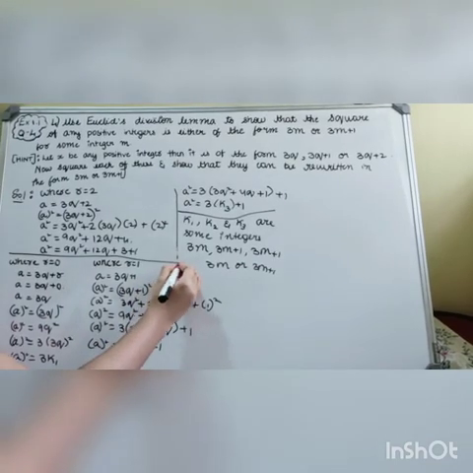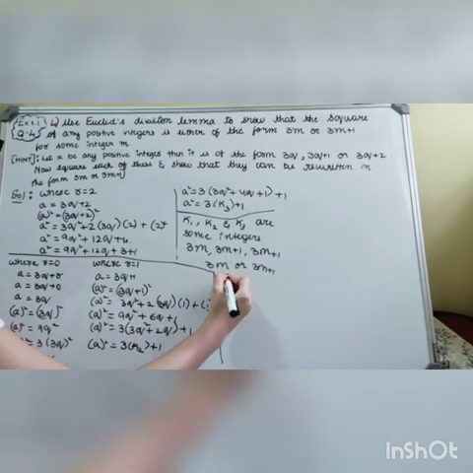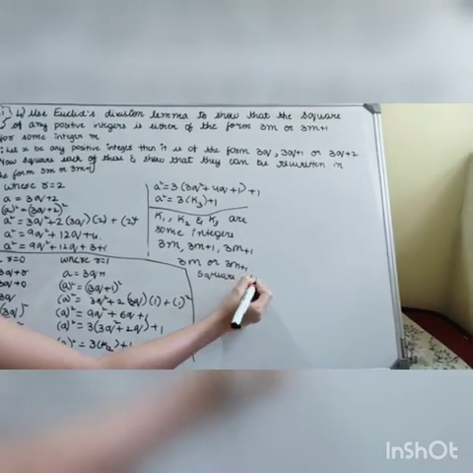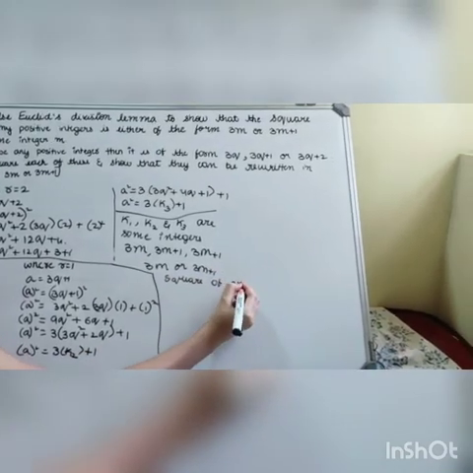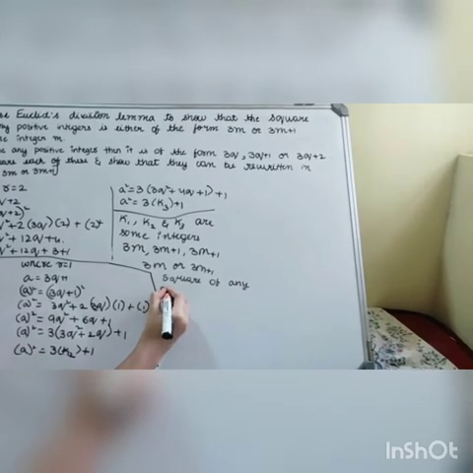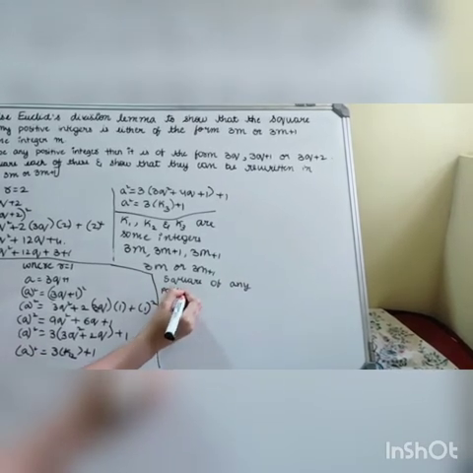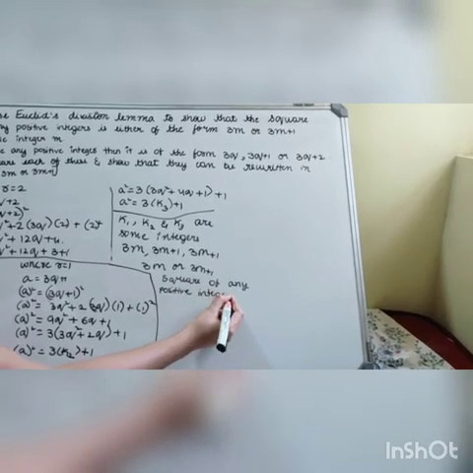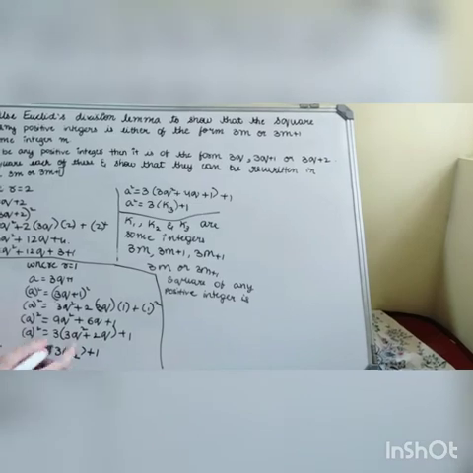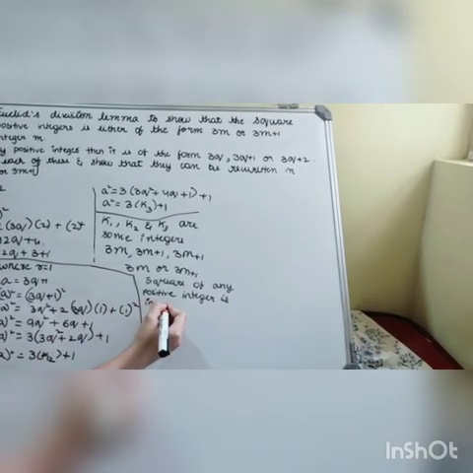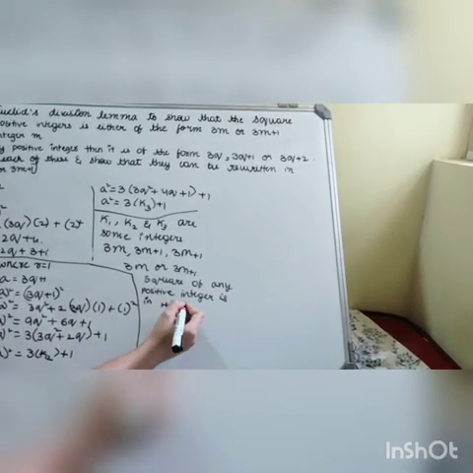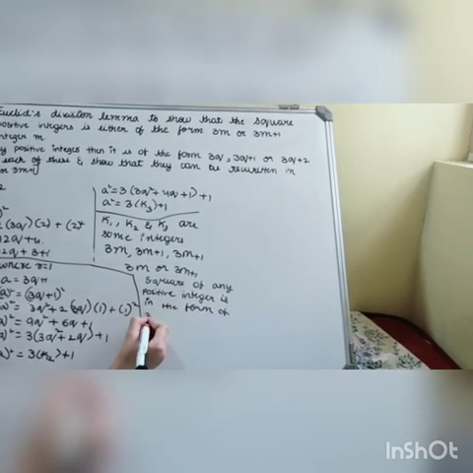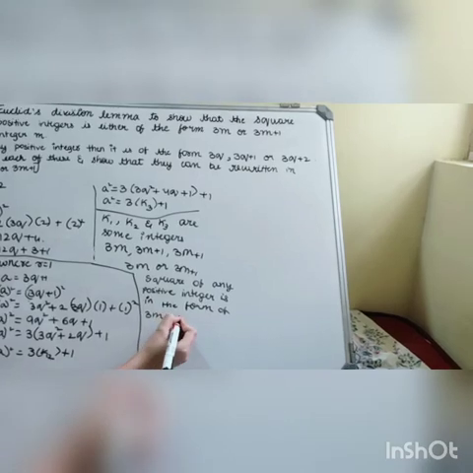So we can conclude that the square of any positive integer is in the form of 3m or 3m plus 1.